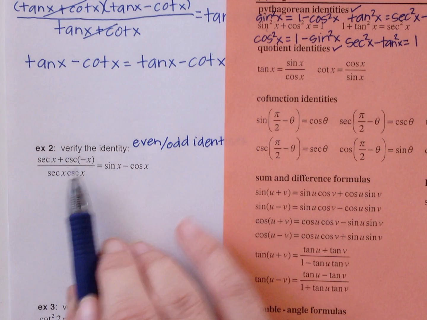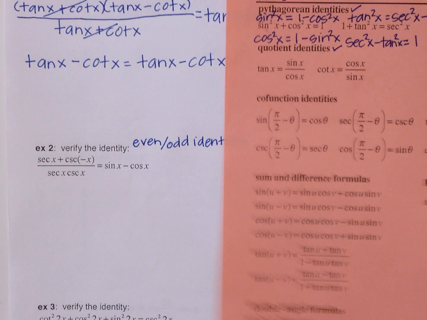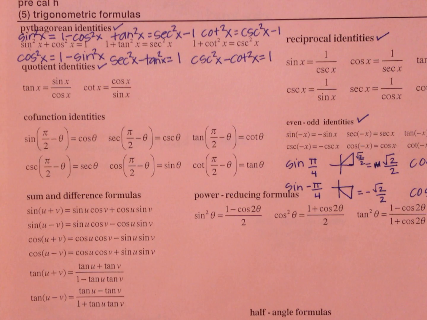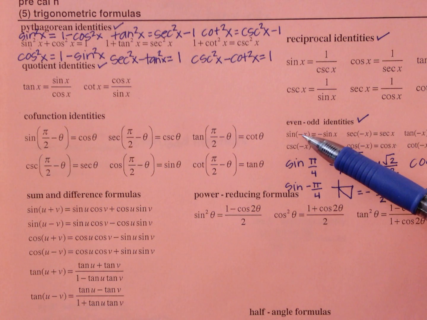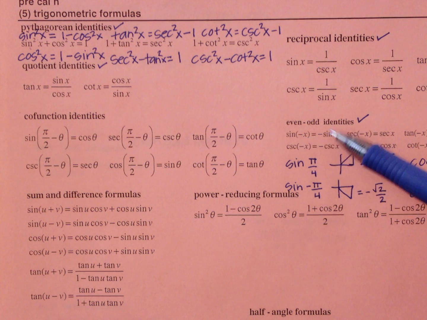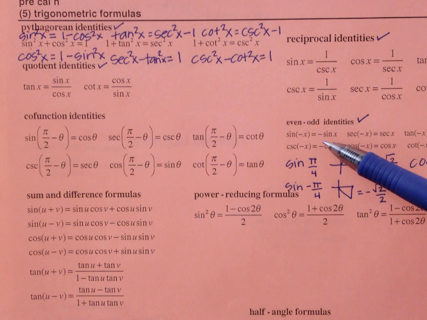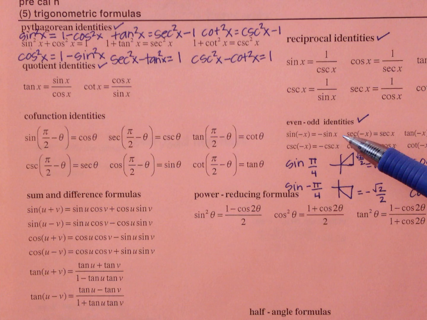Now remember, cosecant's reciprocal is sine, so it's going to follow the same procedure as sine would. We talked about when you plug in a negative angle into sine, you get the opposite output as if you would have plugged in a positive angle into sine. The same thing happens for cosecant because they are trigonometric pairs.